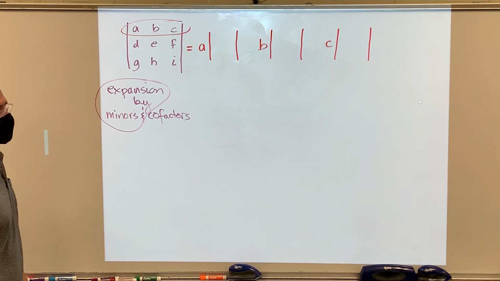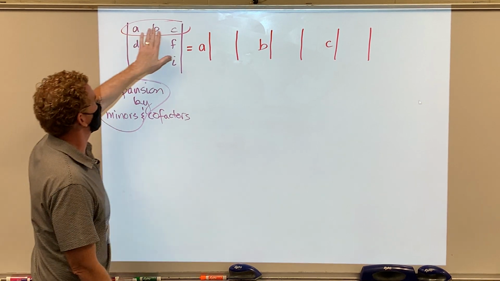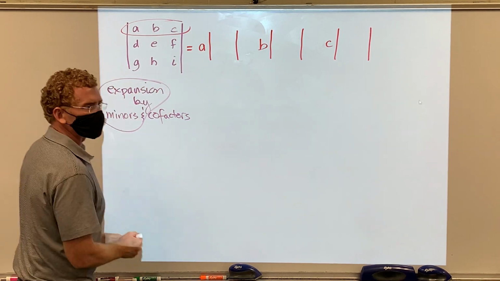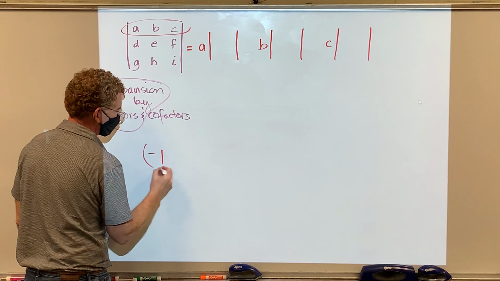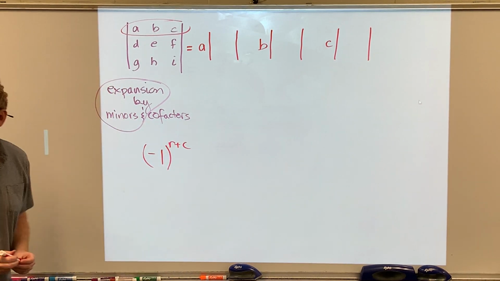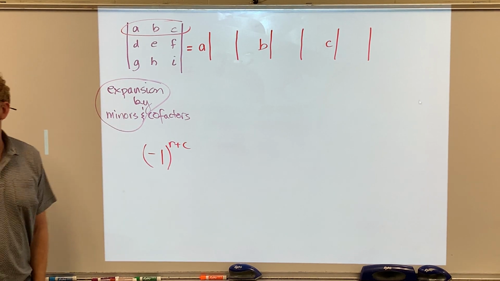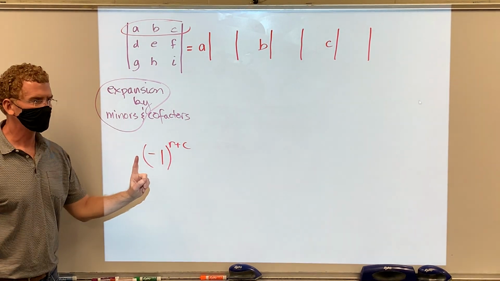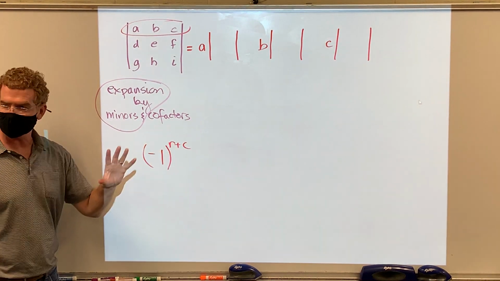So here we go. First thing, each of these letters, A, B, and C, needs to be multiplied by -1 to the row plus column that it's in. Now, what row and what column is A in? First row, first column. What's -1 to the 1 plus 1? Did y'all hear that again?